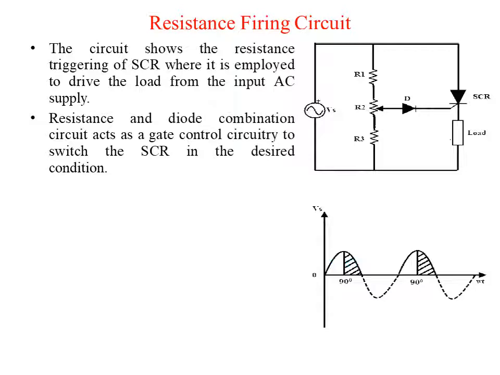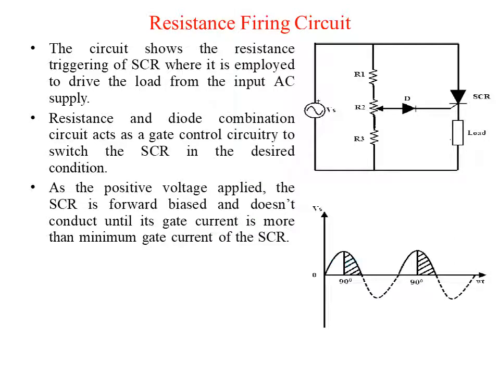Resistance and diode combination circuit acts as gate control circuitry to switch the SCR in desired condition. So the combination of resistance and diode will form the circuit to control the gate of SCR.